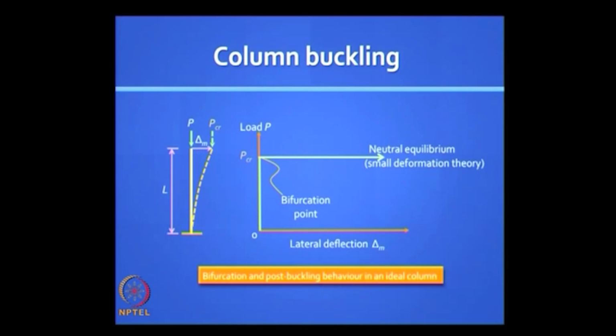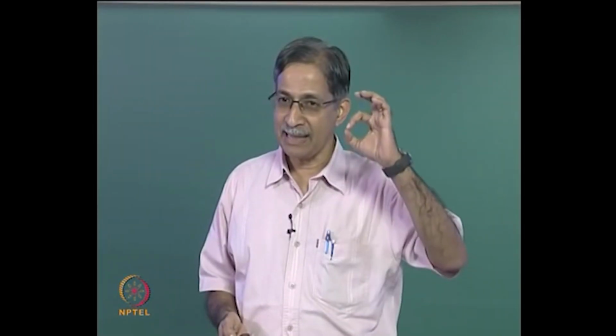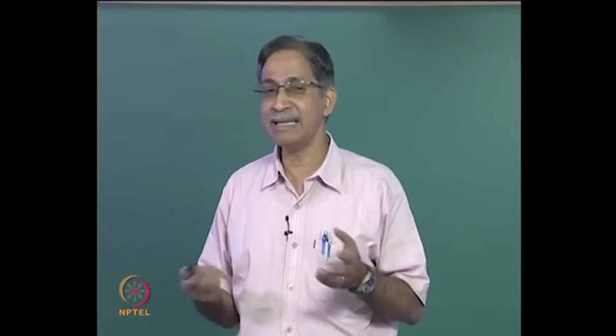Why is it called a bifurcation point? Because at that loading, mathematically, two states of equilibrium are possible. If you remember, this is an eigenvalue problem. In the eigenvalue solution, you have two solutions.